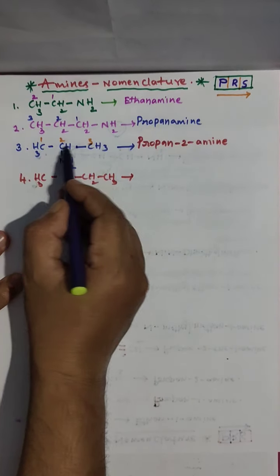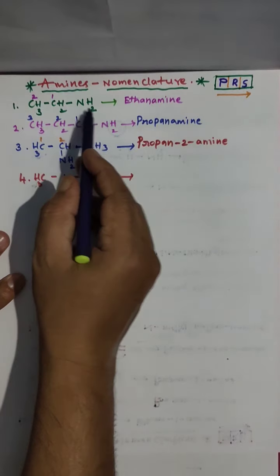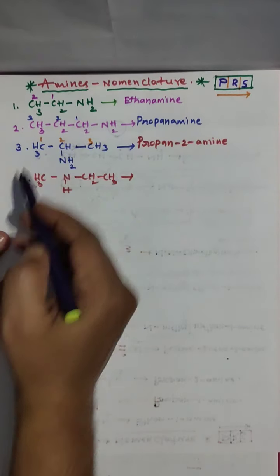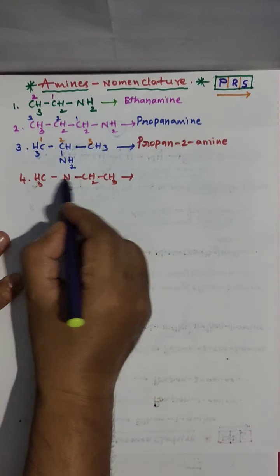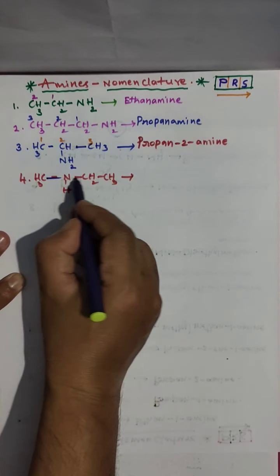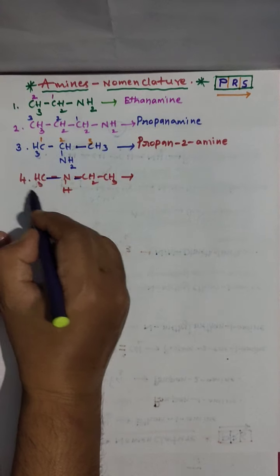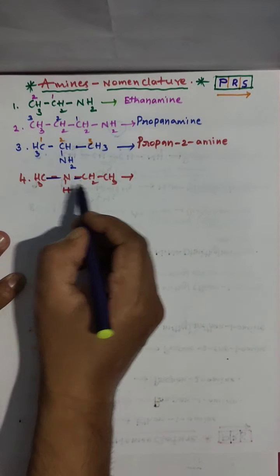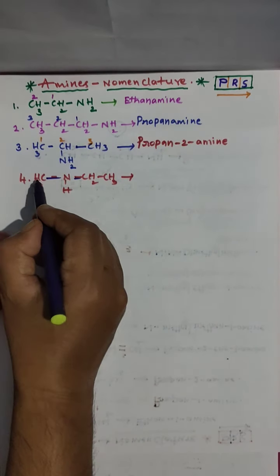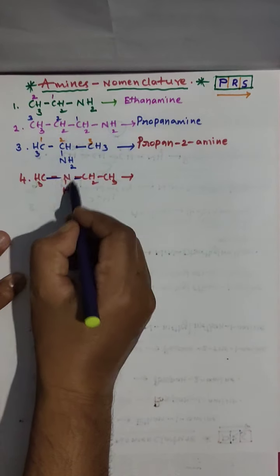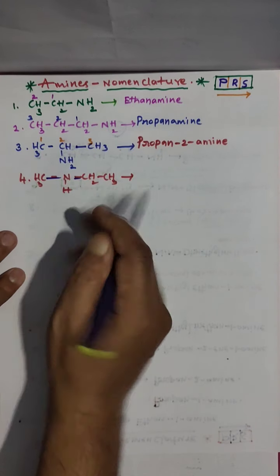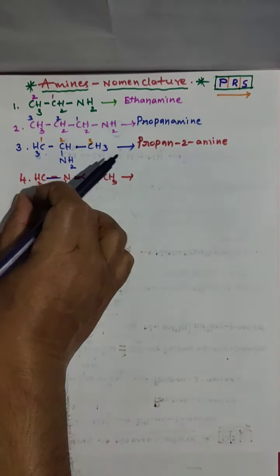Previously all carbons were directly attached. Here all carbons are not directly attached. These two carbons are bonded with this nitrogen, and this one carbon is bonded with this nitrogen. Now we should not write 1 2 3 4. Why? Because in between the functional group is there. That's why this is one chain, and this is one chain.